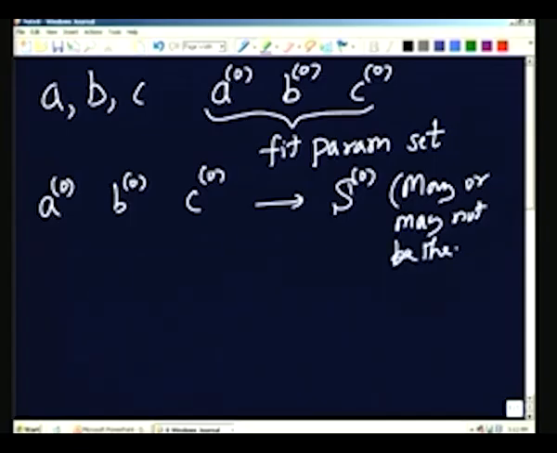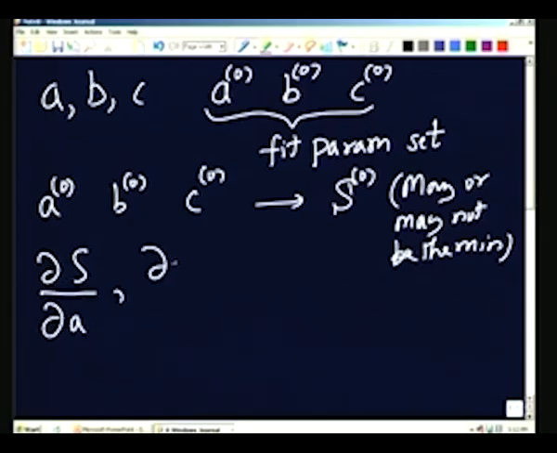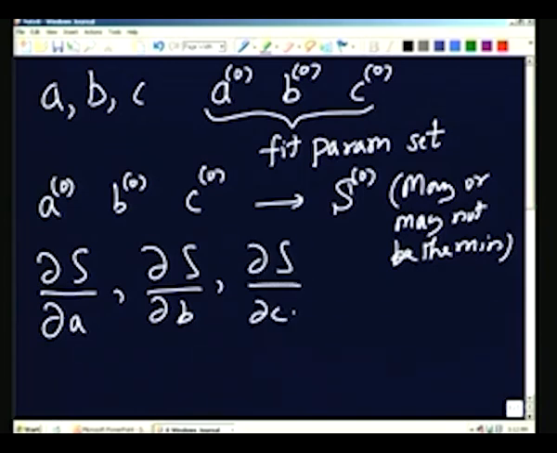How do we verify whether it is a minimum? All I have to do is find the partial derivatives and compare with 0. If each one of them is 0, then of course we can say that S has become a minimum, and therefore this is a minimum value.